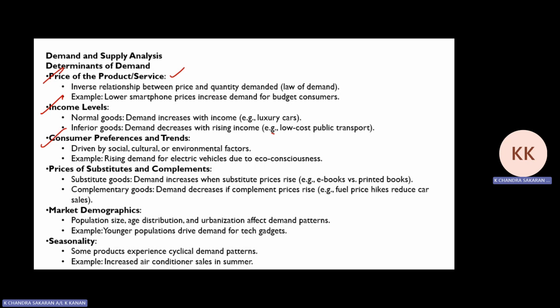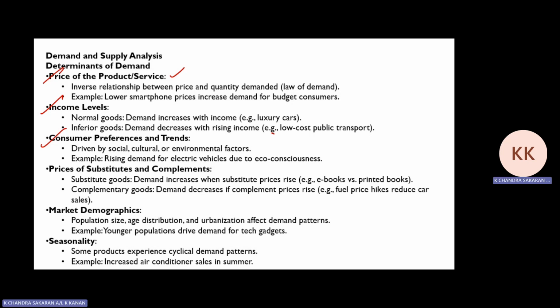So producers are also changing their product according to the taste and preference of their consumers. If the firm does not make the changes, then the consumers will stop buying their product. You understand what I'm trying to say?